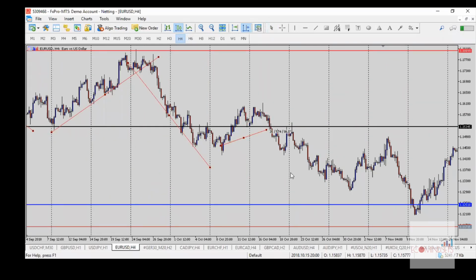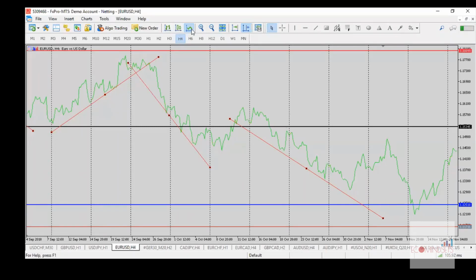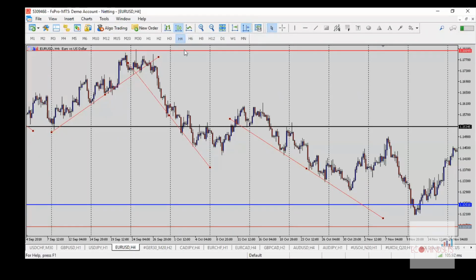So here we can see a downward trend here, and as I said last week, if you want to draw these trend lines perfectly well, you use the line chart. Okay, use the line chart, and I've taught that in the previous webinar.